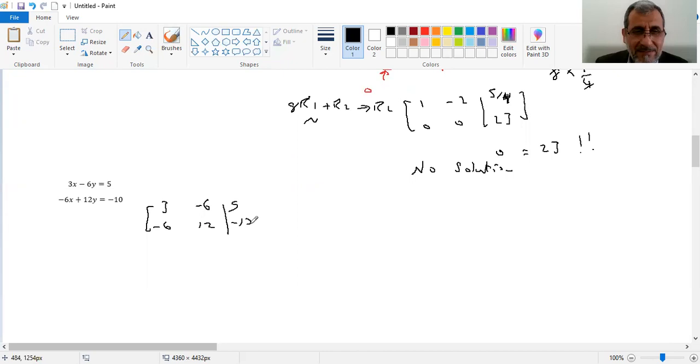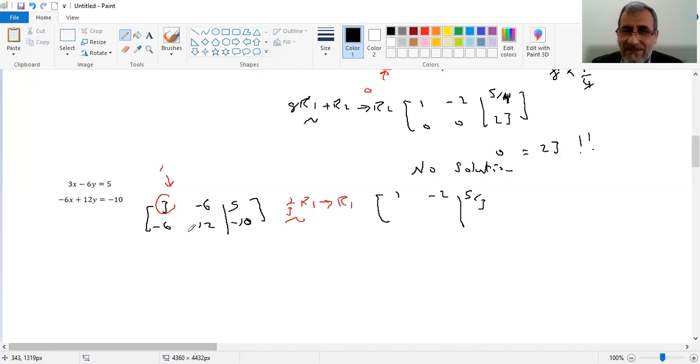So now again I need a 1 here, the first one, so we divide by 3. This is equivalent to R1 divided by 3. I want to change R1 to be 1. Now the first row divided by 3 is 1, negative 2, and 5 over 3. Second row, rewrite it: negative 6, 12, negative 10.